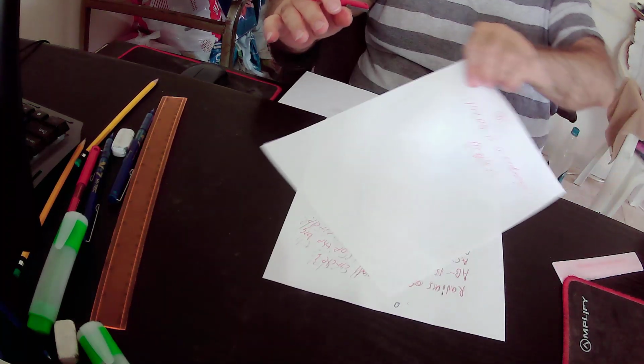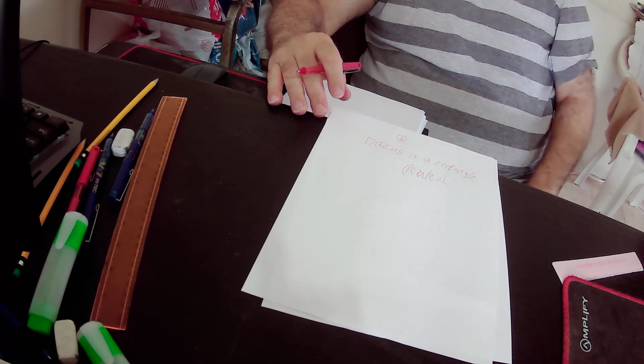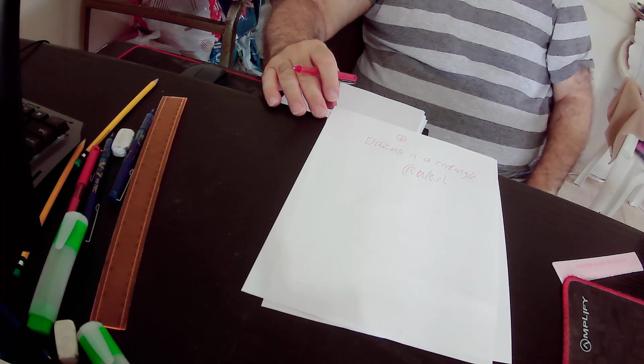Okay, according to rule number 3, quadrilateral QZMD is a rectangle.